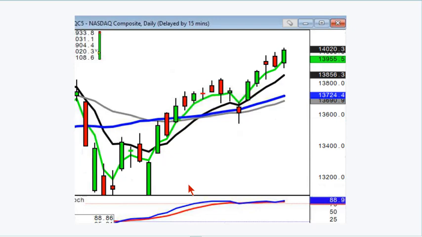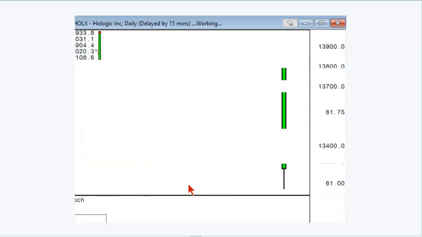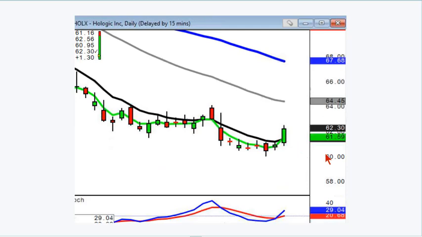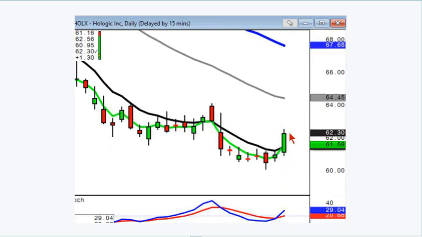All right, so let me go through, because I just wrote down a bunch of stuff here. There's kind of your cradle pattern on HOLX. The reason I brought this one up is that anytime I can see a pattern that tells us there's a lot better probability of a reversal, I want to go after that.